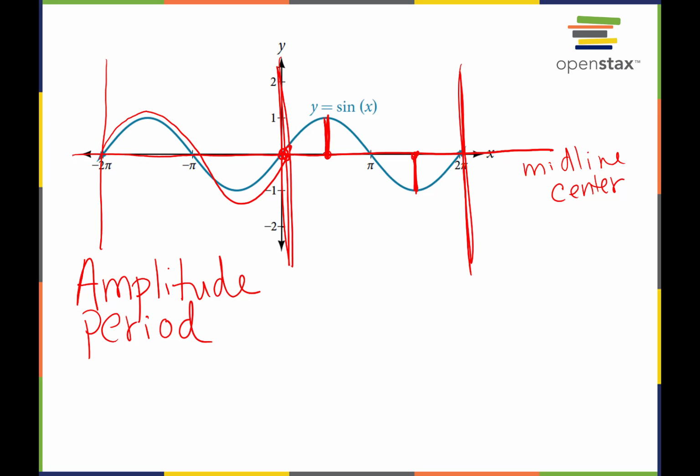Then it repeats. If I keep doing that, this graph goes on forever in either direction, but the length it takes for it to complete one full cycle, that length is called the period. And in this case, with the mother function of sine, it's 2 pi.